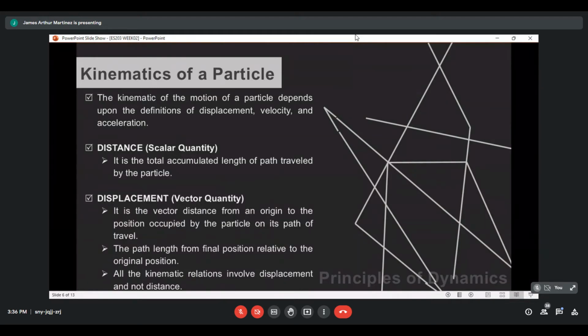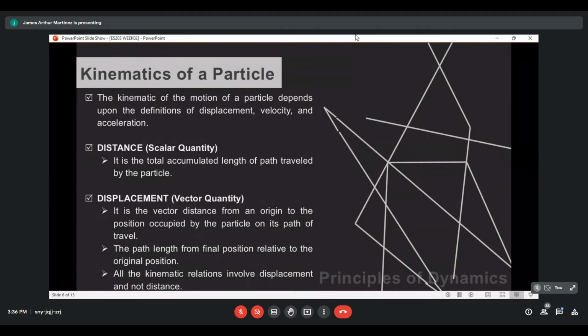On the other hand, displacement is a vector quantity, and it is the vector distance from an origin to the position occupied by the particle on its path of travel. So it is the path length from the final position relative to the original position. For displacement, the basis is only the final position and the initial position.